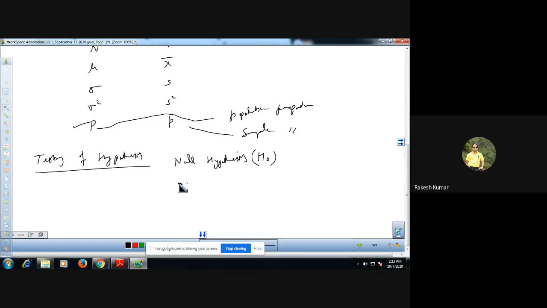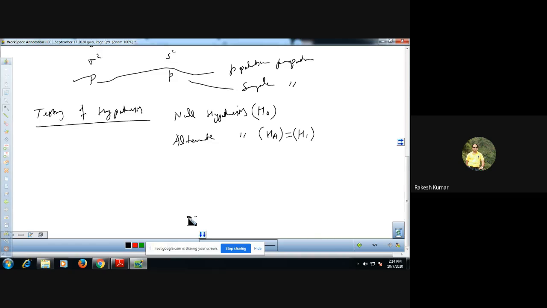And alternative to that, just opposite to that, is the alternate hypothesis, and it is denoted by either H1 or HA. We can also use the H1 symbol. There is no problem. So H1 is alternative or just opposite to the null hypothesis, and we can also say that this is complementary to the null hypothesis.